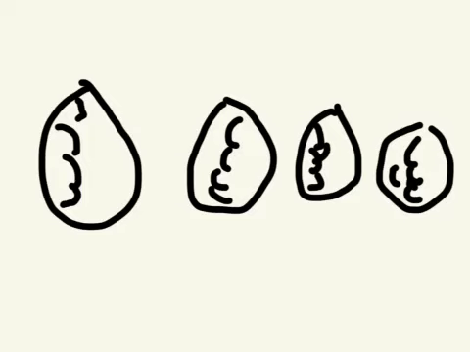Now, this is how you reproduce via meiosis. Is mitosis asexual or sexual? And is meiosis asexual or sexual? Okay, so you're probably wondering, what is asexual reproduction and what is sexual reproduction?